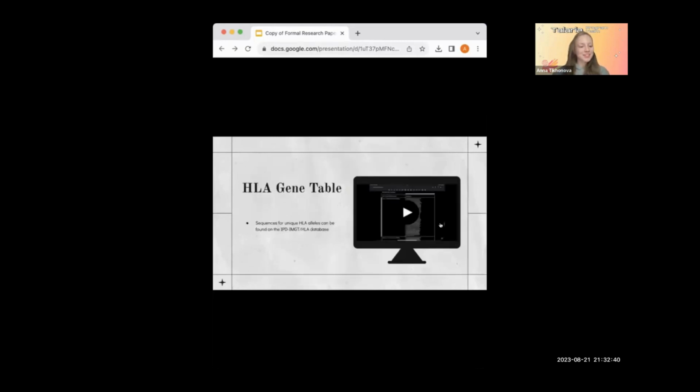This might be a little hard to see, but in this slide I just wanted to show the HLA alleles. I mentioned that the code was very long, right? So this is a 40-second video of me scrolling through the code for each of the HLA alleles that I chose. This is why I wouldn't put this into the construct, because the HLA gene sequence is very long.